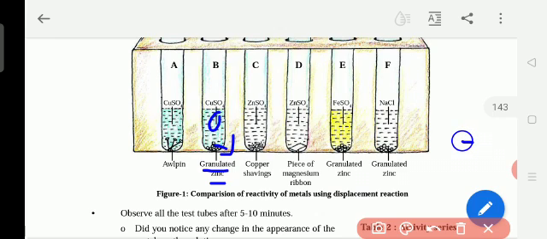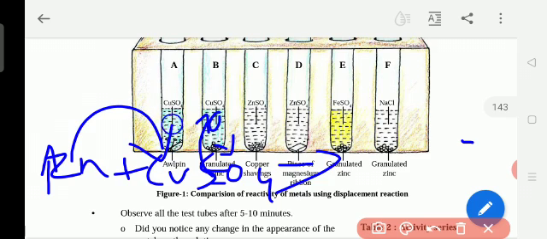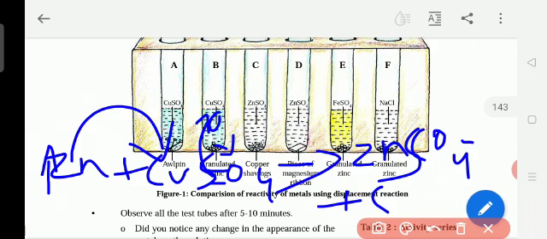So, in test tube B, zinc is displacing the copper. Again, zinc plus CuSO4 gives rise to zinc sulfate plus copper, because zinc is more reactive than copper. So zinc is displacing the copper. So ZnSO4, zinc sulfate, plus copper. Okay, we get it like this.